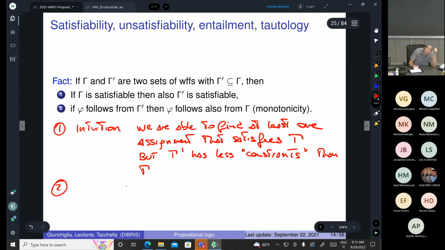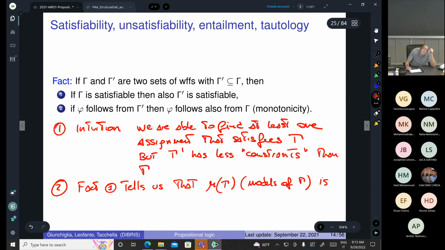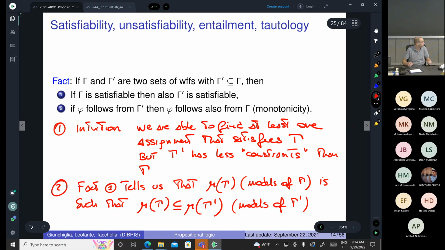And this is easier to show because fact 1 tells us that, from fact 1, the models of gamma, which I write as mu of gamma, are a subset of mu of gamma prime, when gamma prime is a subset of gamma.